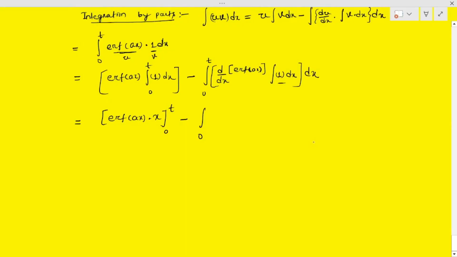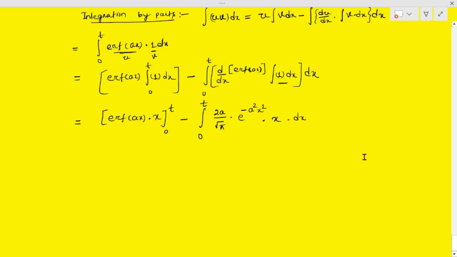So 0 to t limits are there. D by dx of error function of ax is nothing but, as we evaluated in the last class, 2a by root pi into e to the power minus a square x square, into the integration of 1 with respect to x, which is x, dx.